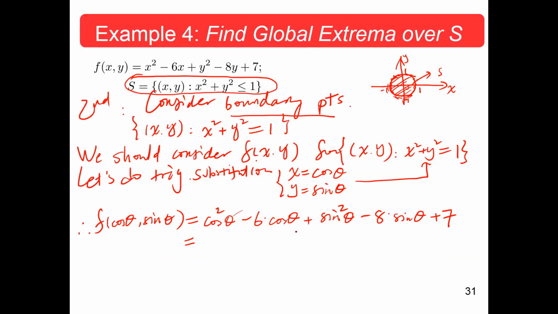Let's see, can we simplify this further? Remember, cosine squared theta plus sine squared theta is 1, and plus 7, that is 8. Here you have minus 6 cosine theta minus 8 sine theta.